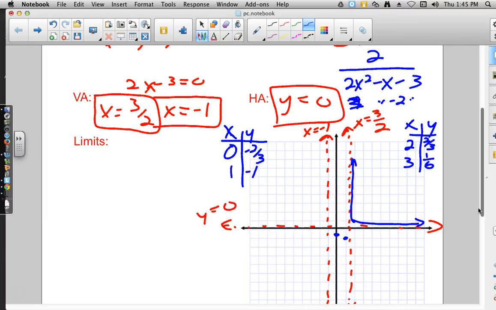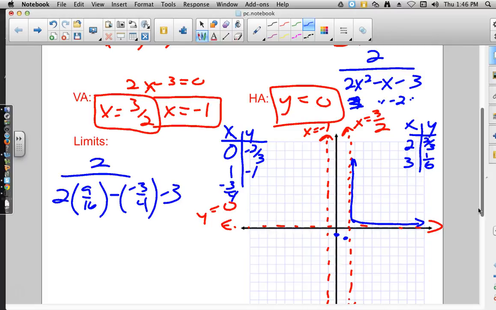Now, if we're worried about that, we could always throw something in, like let's say -3/4, and see what we get. So that obviously is going to take a little bit more math as far as the squaring and everything, but you get an answer that would make sense. So I'm just going to quickly do that over here for you. 2 over 2 times -3/4 squared, that would be 9/16, minus a -3/4 minus 3.